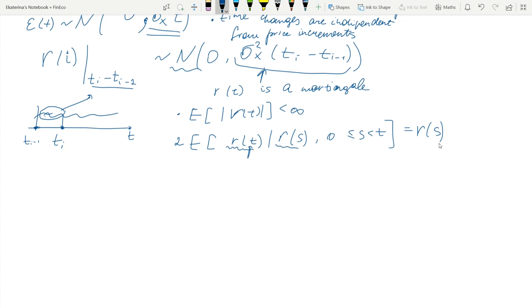So those would be the two martingale properties, and indeed you often see that.